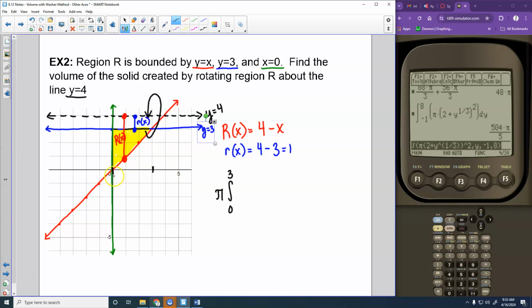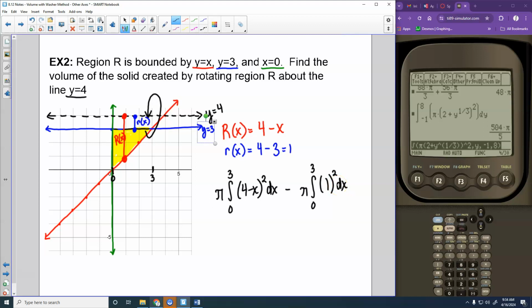So we look at our x-axis, they intersect over here at 0, and then the last point's over here at 3. So integral from 0 to 3 of 4 minus x squared. You can put the pi on the inside or the outside. Minus pi integral from 0 to 3 of lowercase r, which is just 1 squared dx.